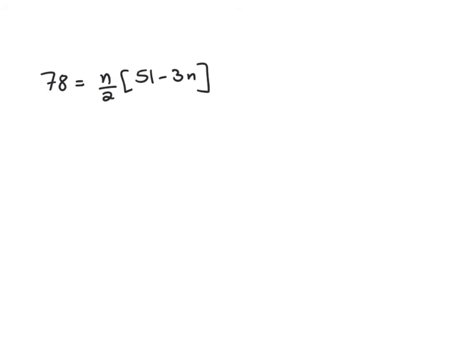Now you can simplify. 78 times 2 will give you 156 equal to 51 times n is 51n minus 3n squared. Let's move all the n's to this side of the equal sign.